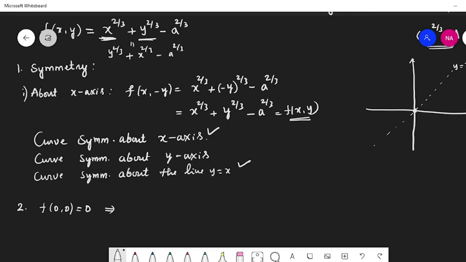Otherwise, curve is not going to pass through origin. Now, if you take x equal to y equal to 0 here, then you get minus a power 2 by 3 equal to 0, which is not possible. So the conclusion is curve is not passing through origin.